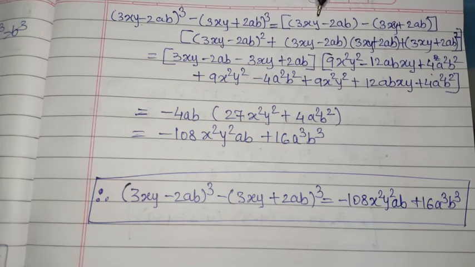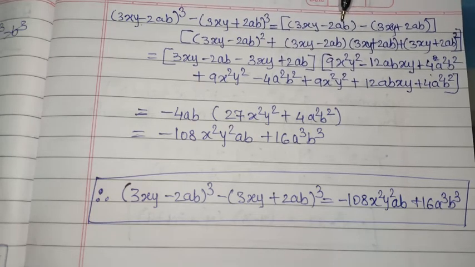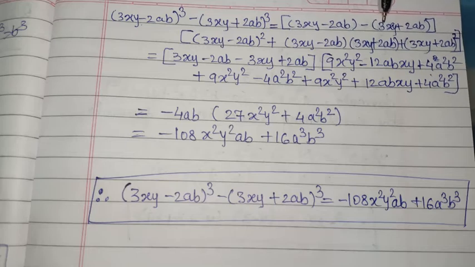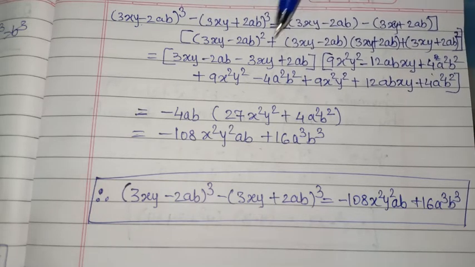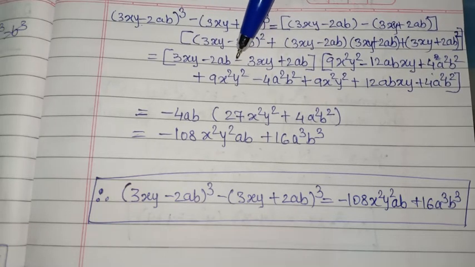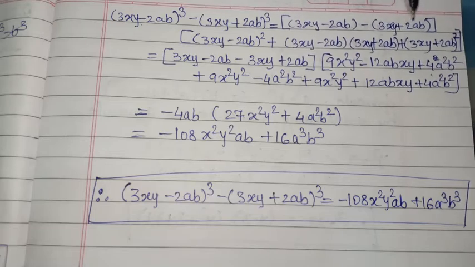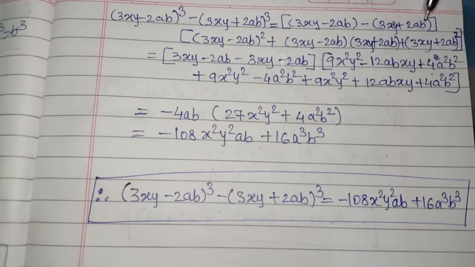Now this a minus b we will write out of the bracket. 3xy minus 2ab. Now this 3xy inside the bracket is plus, but when we write it out of the bracket, it will become minus. Now this plus 2ab also will become minus 2ab.